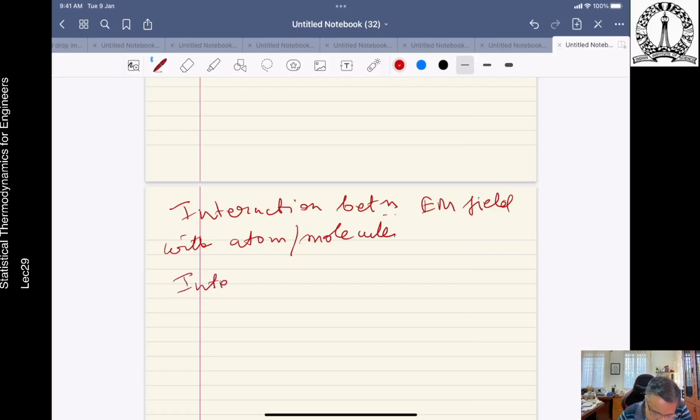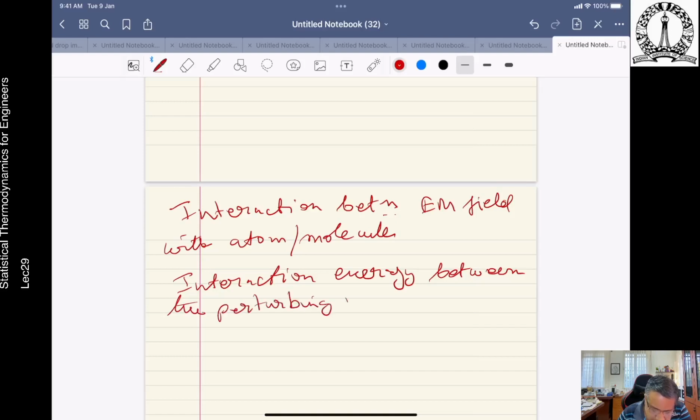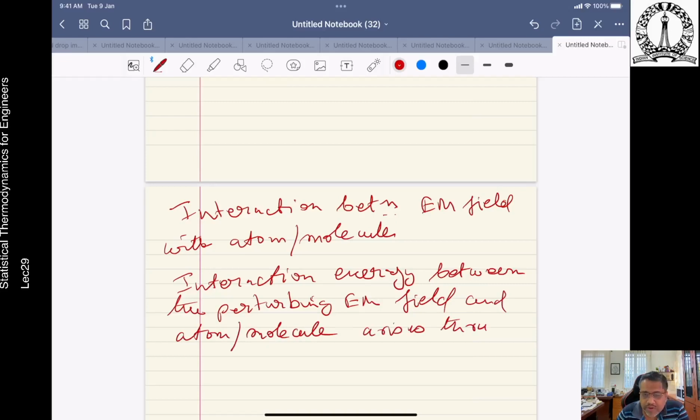The interaction energy between the perturbing EM field and the atom or molecule arises through its electric dipole moment, mu.